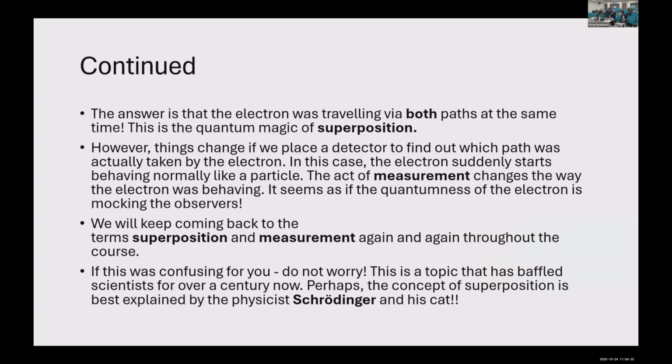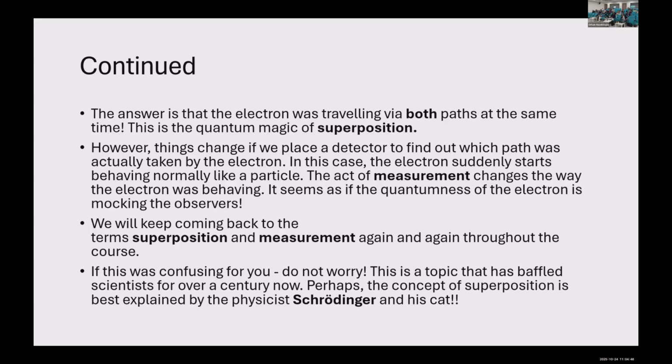However, things change if you place a detector to find out which path was actually taken by the electron. In this case, the electron suddenly starts behaving normally, like a particle. The act of measurement changes the way the electron was behaving. It seems as if the quantumness of the electron is mocking the observers.